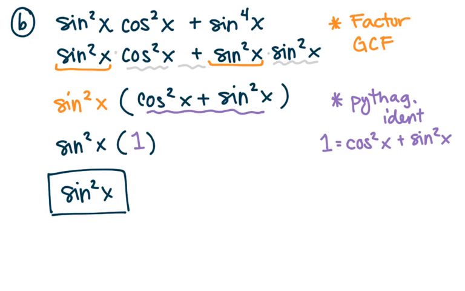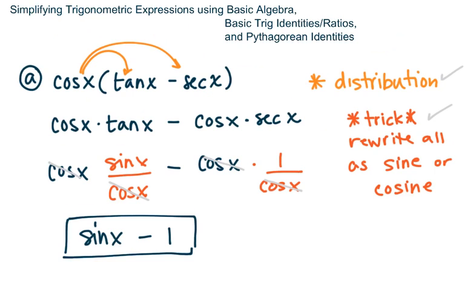We know how to factor a GCF and use a Pythagorean identity, as well as distributing and rewriting everything as sine and cosine. So in the videos following this, we're going to have a little bit more simplification practice. These are our basic strategies, and in the next video, we're going to use more strategies for each expression that we simplify.